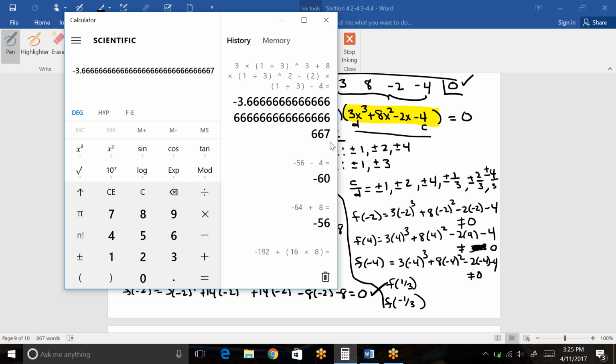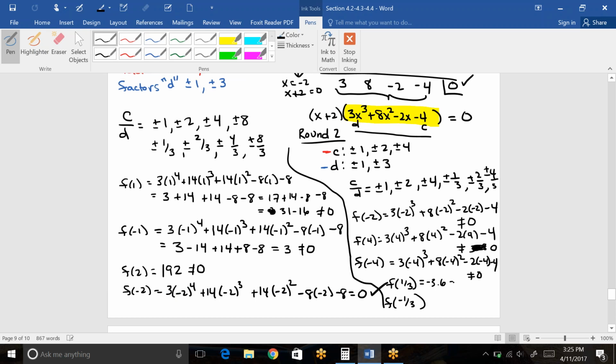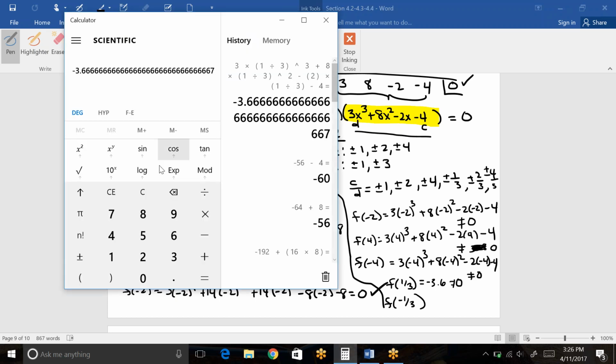So that's negative 3.6-ish, not 0. So we're going to try negative 1/3.